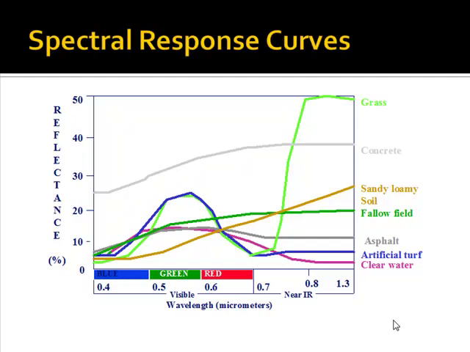So if we were flying overhead, artificial turf and grass would perhaps be difficult to tell the difference from 20,000 feet, but if we could see near-infrared light, those two features would appear markedly different because grass reflects a lot of near-infrared light due to its molecular composition as opposed to artificial turf, which does not.